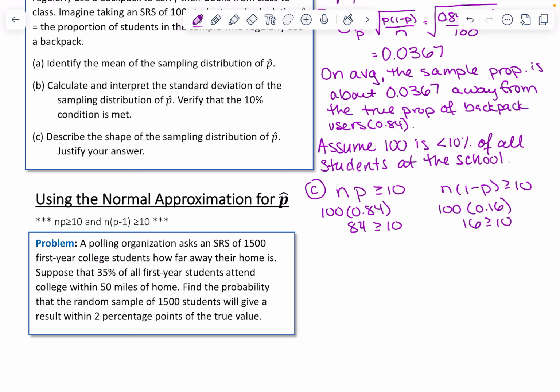They are both at least 10, so this is going to be approximately normal. Okay. And it says justify your answer. That work is enough justification. You don't need to write any sentence or anything. That's it. All right, let's keep going.